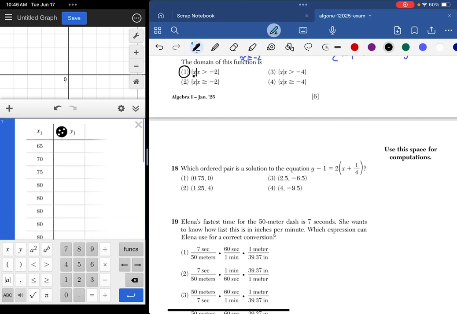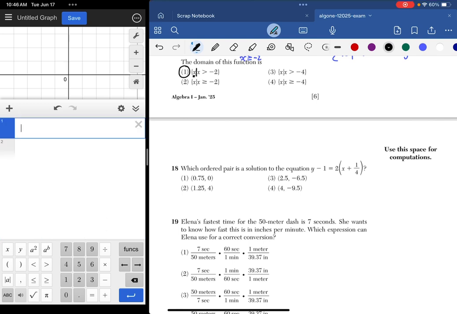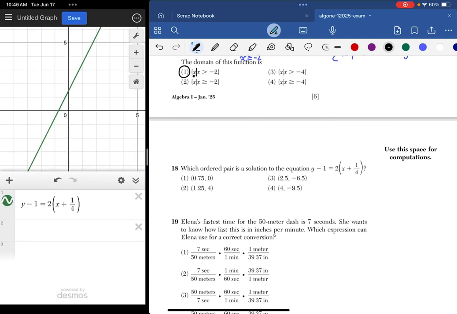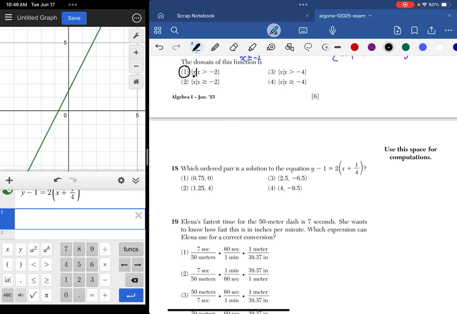That's, in my opinion, all calculator all the way, all right? So y minus 1 is equal to 2 times x plus 1/4. All right, so that's my graph. And unless you want to actually do the computation, just start typing.